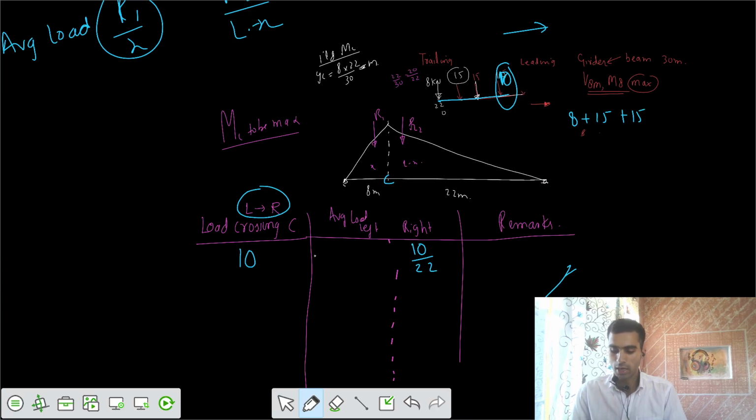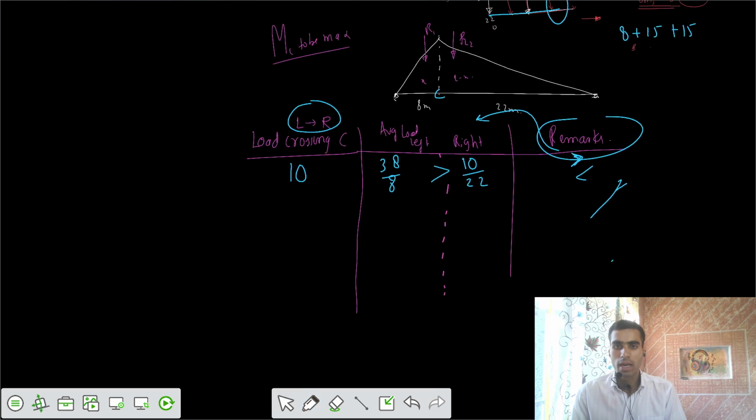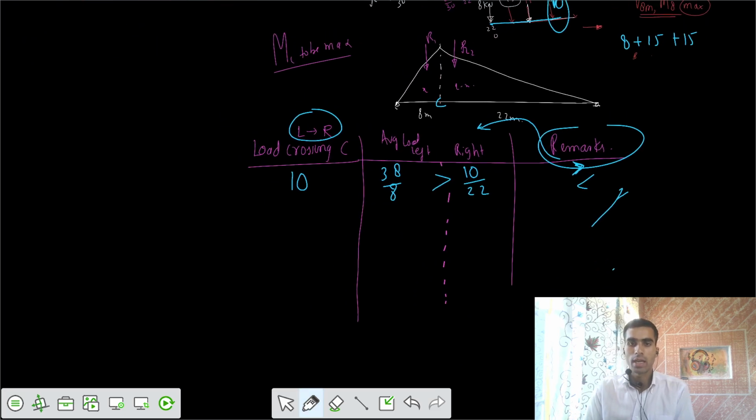So I would write 38 by 8, 38 by X. Remarks: if I calculate this, I can directly show that this value is greater than this one. That means the sign changes. Let me write that directly here.